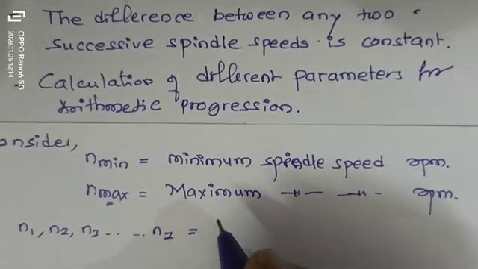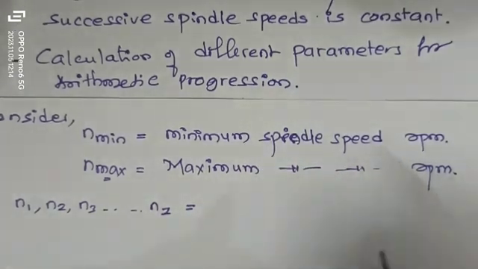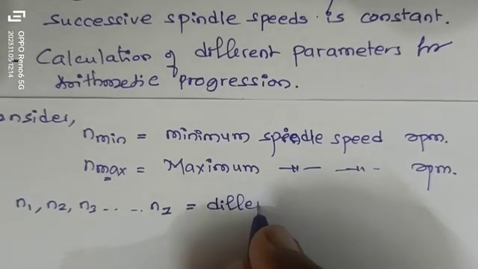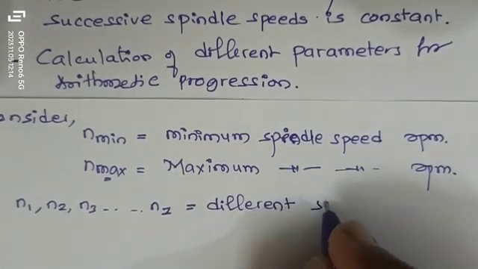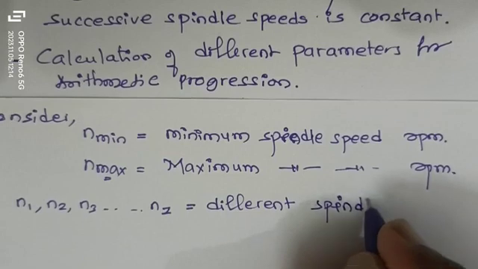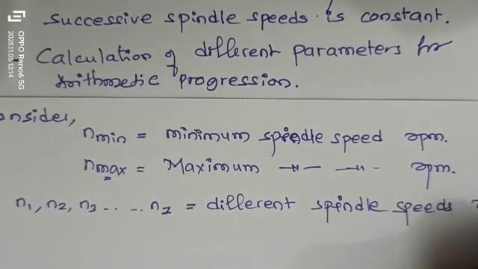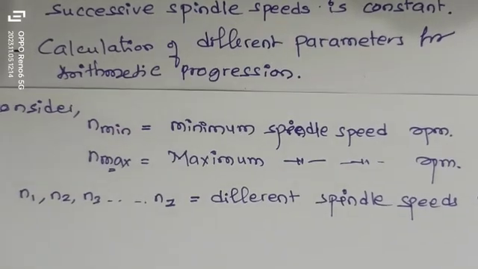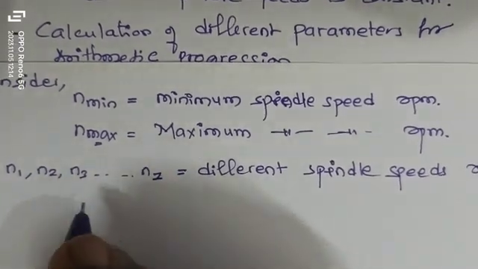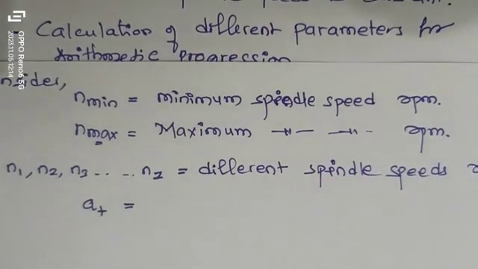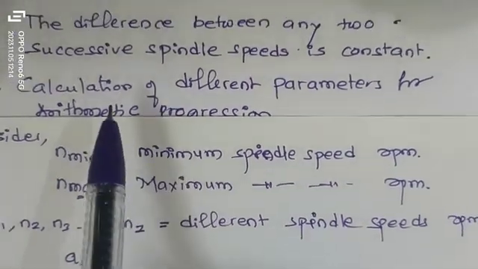These are the different spindle speeds in RPM, right? And in arithmetic progression, as we said, AT is the common difference, as we have discussed here.